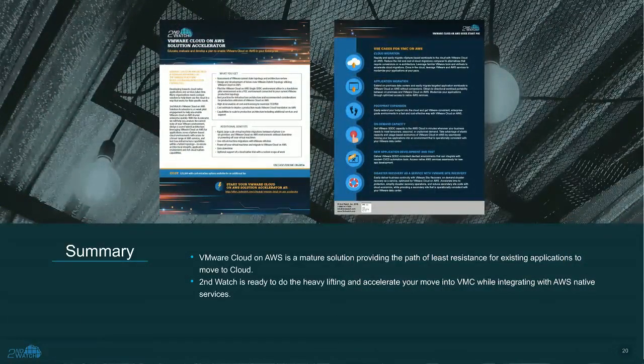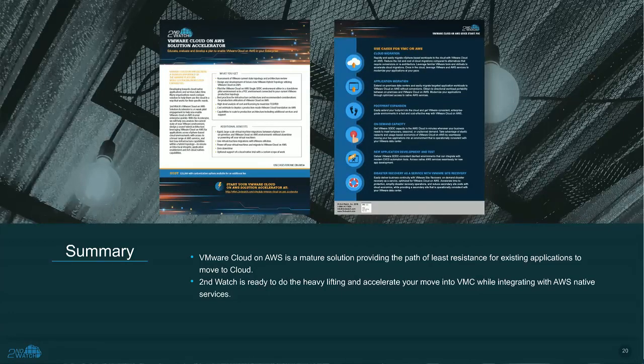All right, and in summary, VMware Cloud, as Ray said, has been worked on for a couple of years. When it first came out, I had questions, didn't understand what the significance was, but now over time, I'm actually a huge proponent of it. It's really exciting as someone who used to use VMware, and it really is the path of least resistance for getting an existing application into cloud.